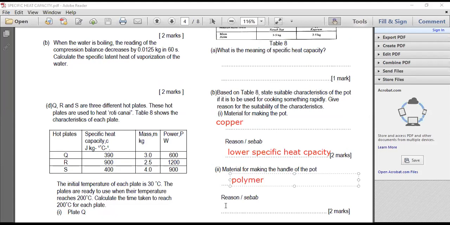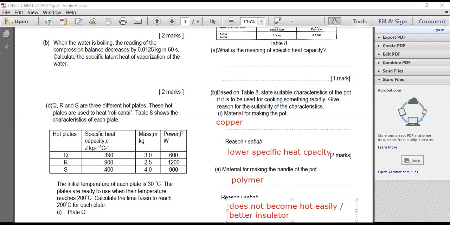Reason: does not become hot easily. I can say better insulator of heat. Good insulator of heat or better insulator of heat.